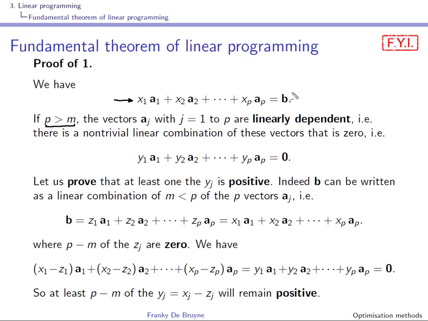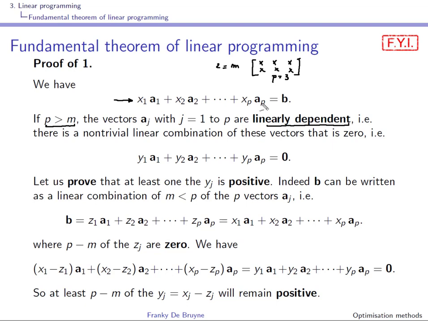So underlying this system of equations we have a matrix. This matrix has m rows, p columns. We'll take an example here where m is equal to 2 and p is equal to 3, right? So there are 3 columns of 2 elements. So obviously these p columns are linearly dependent, as you can see in this particular example.